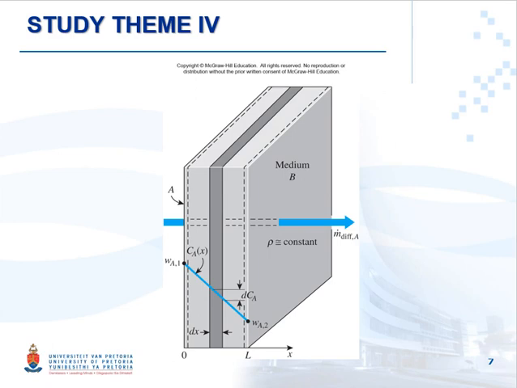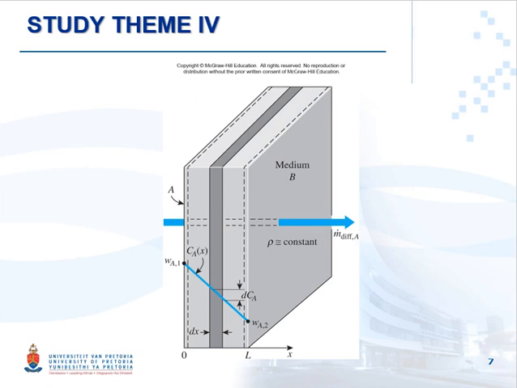Look at this figure and consider a solid plane wall with area A, thickness L and density rho, which is constant.